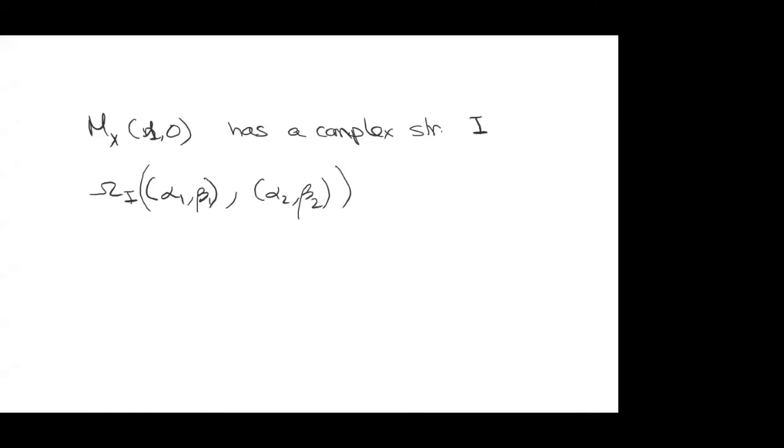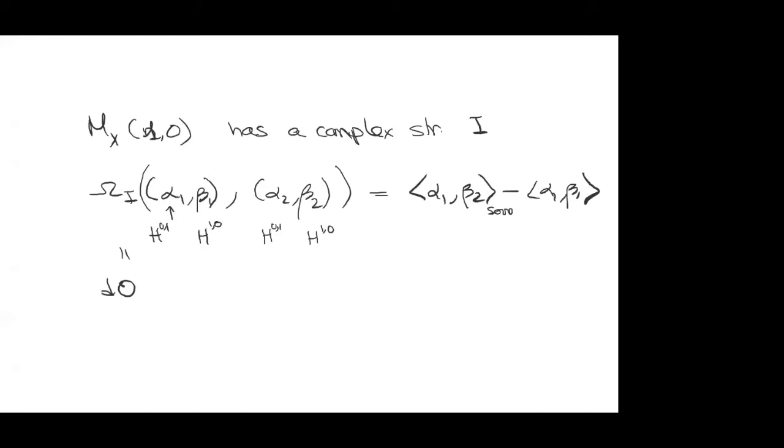So if one takes a variation of the holomorphic structure, it's a 0-1 form. This is a variation of the Higgs field, so it's a 1-0 form. And likewise, this can just be defined by Serre duality. And in fact, it matches the differential of the Liouville form.